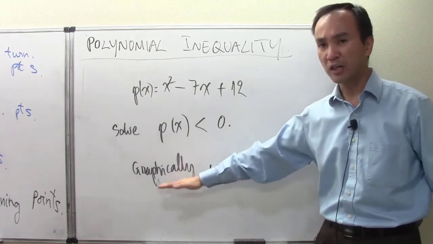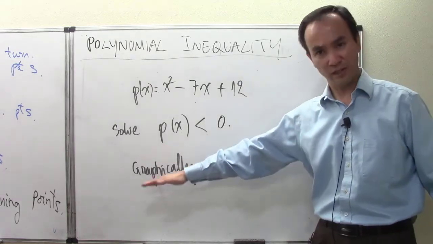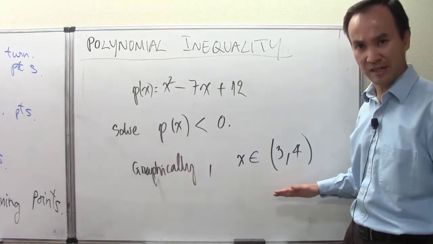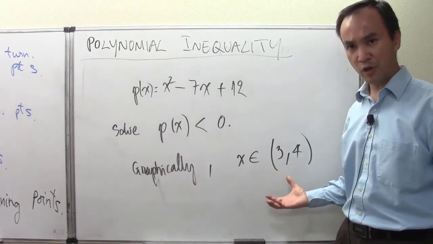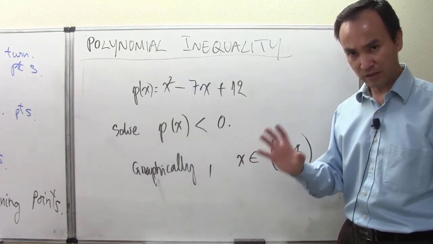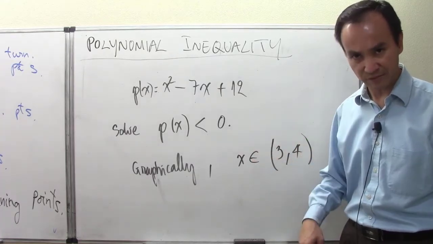But we don't want to rely on the graph all the time to come up with a solution, because looking at the graph is only an estimate. We want to come up with a solid, precise technique.